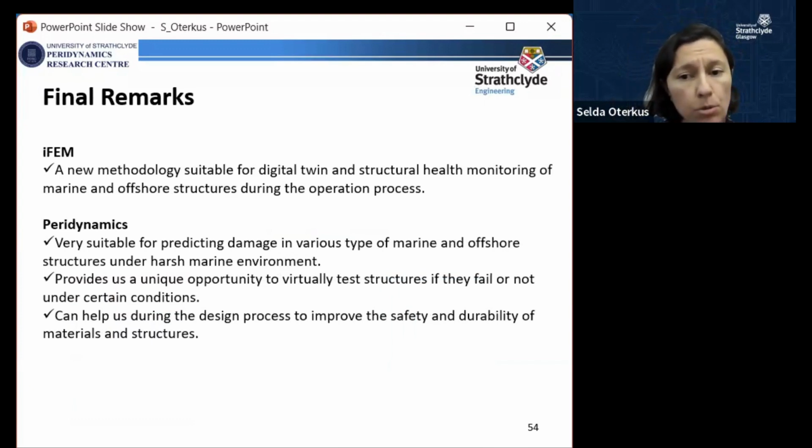And peridynamics is very suitable for predicting damage in various types of marine and offshore structures under harsh marine environment conditions. The peridynamic methodology gives us a unique opportunity to virtually test our structures to see if they fail or not under certain conditions. And this will help us during the design process so that we can improve the safety and durability of our materials and structures.